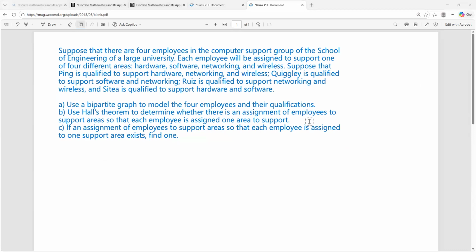Suppose that there are four employees in the computer support group. Okay, so let's write this out. It's annoying that they use the same name. Okay, Ping is gonna be here, Quigley, Ruiz, Satia.